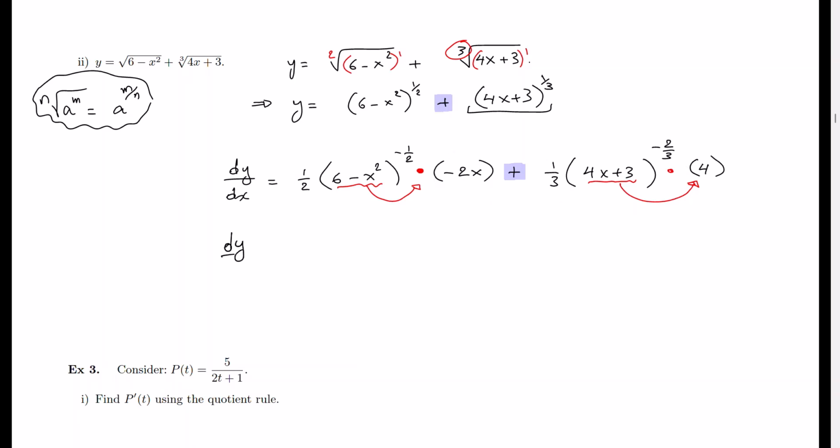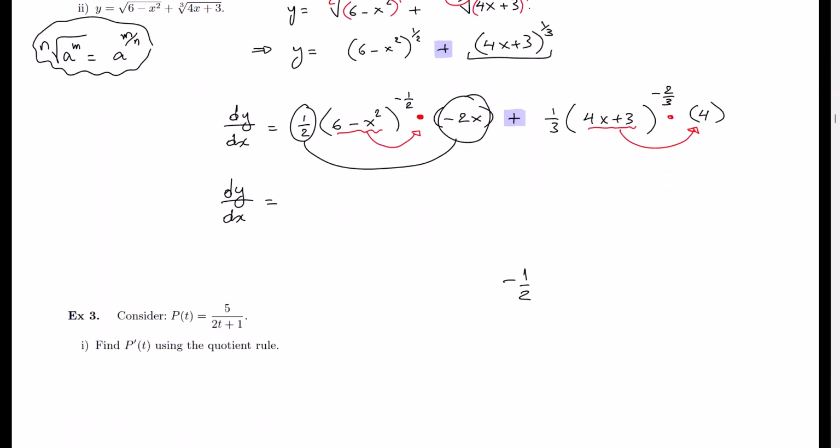So the dy over dx, in this case, will be the product of 1/2 times negative 2x. I'm going to multiply those two on the side. So 1/2 multiplied by negative 2x. We can think of the 2x as being 2x over 1. And the way you multiply fractions is you go straight across.